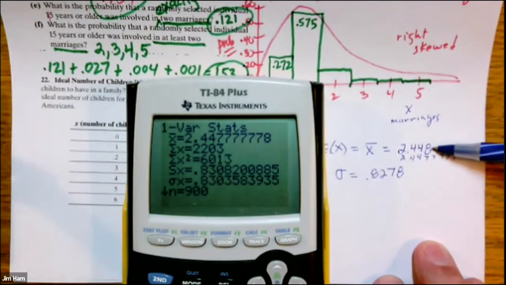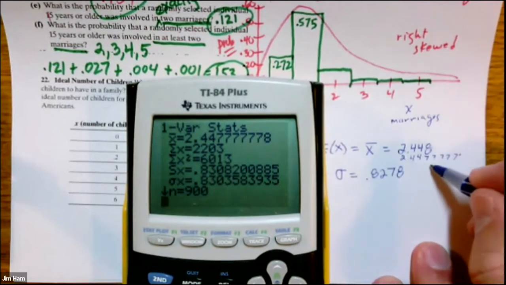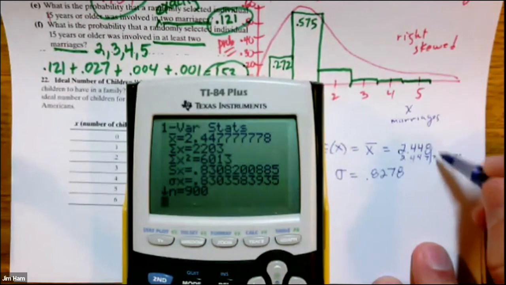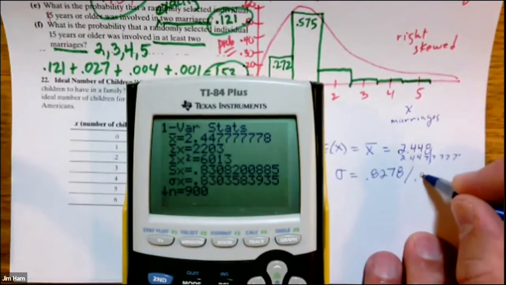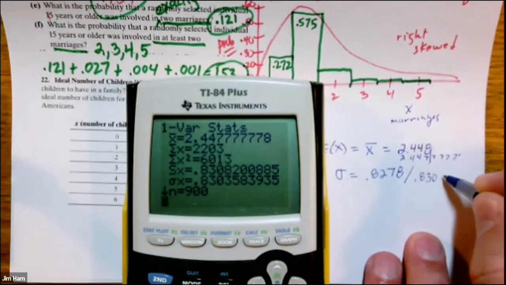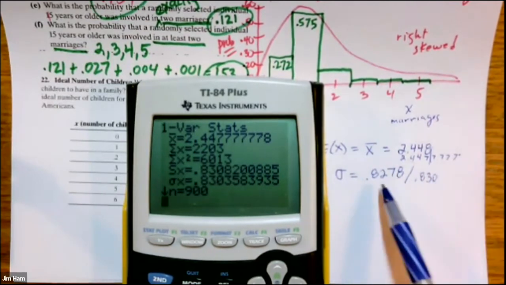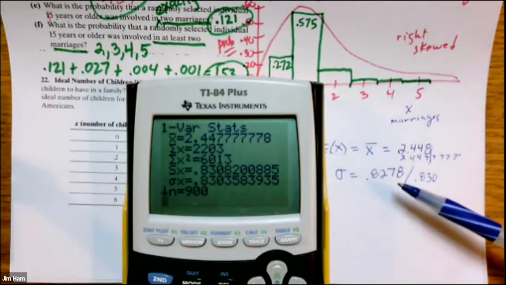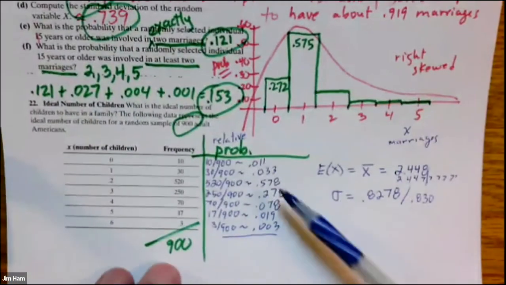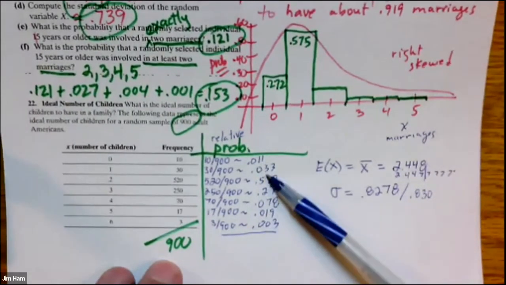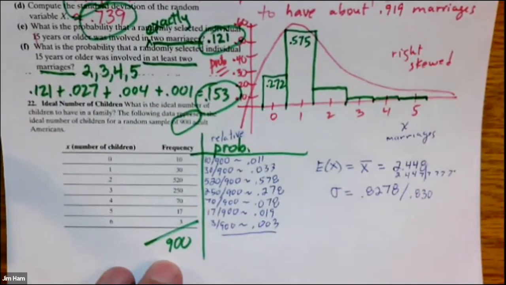This is an approximation. But even this one would round to the same thing. And if you look at the standard deviation, 0.830 something. It's going to be a little different because the first time I did it, I rounded these percentages. And that's why it's not perfect.